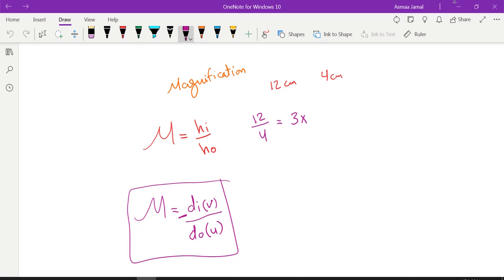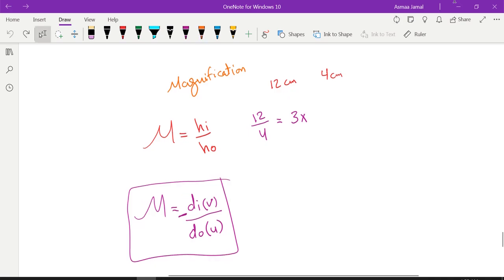If the result was negative, for example, we have an object distance of 3 centimeters in front of the mirror, so it's to the left side. That's our object. And the formed image is also in front of the mirror, but at a distance of 12 centimeters. How can we find the magnification?